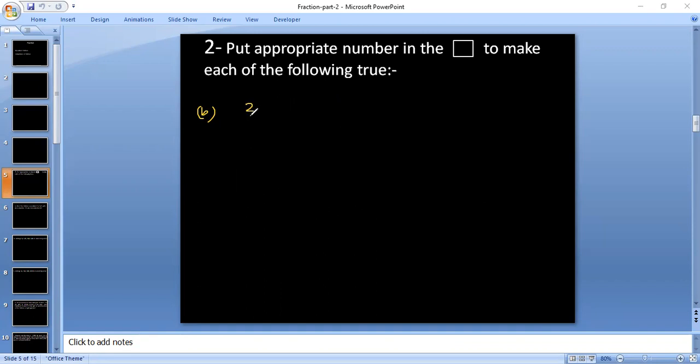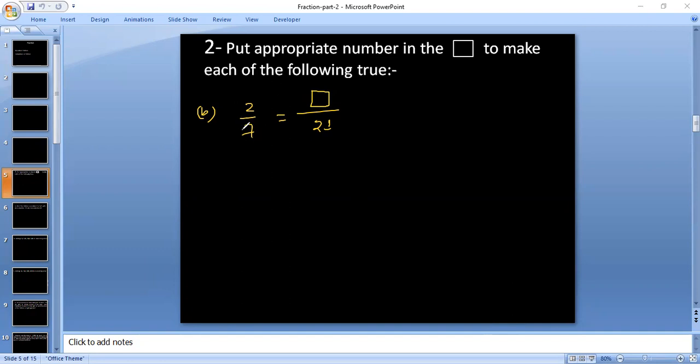Part B: 2 by 7 is equal to box by 21. That means both fractions are equivalent to each other. Now determine what number we should put in the box.